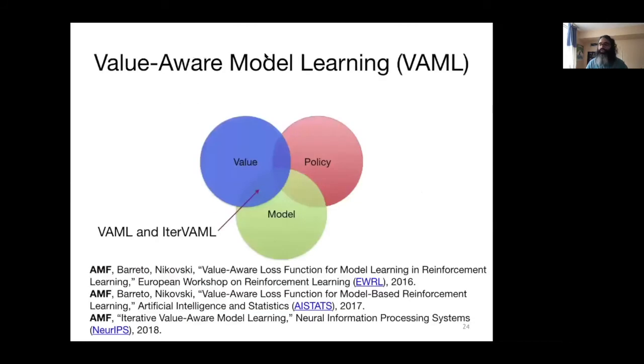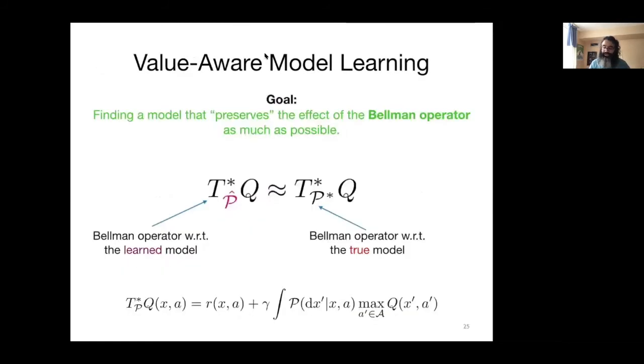Now the first approach that I'm going to talk about is called value-aware model learning, which is basically the idea that we want to find a model that preserves the effect of the Bellman operator as much as possible, because the Bellman operator is such an important operator in finding value functions. Many methods use it.